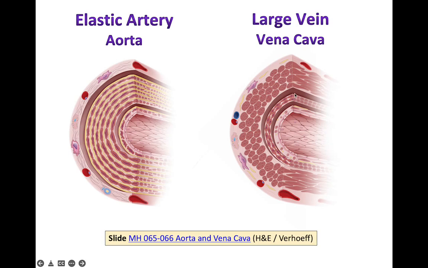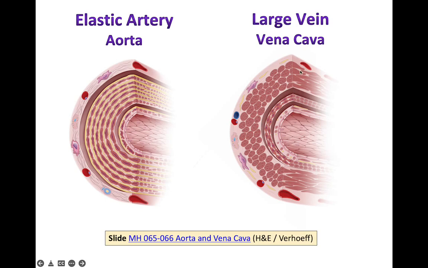Then the tunica media is relatively very thin when we compare it with the elastic artery. The tunica media in large veins is very thin. It consists of only very few circularly arranged smooth muscles.